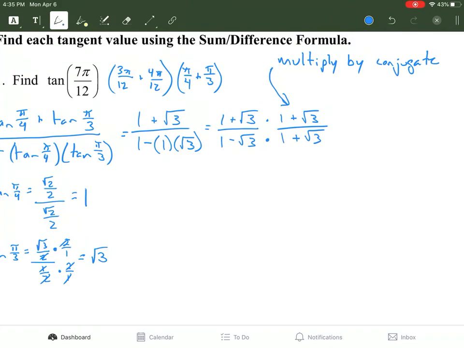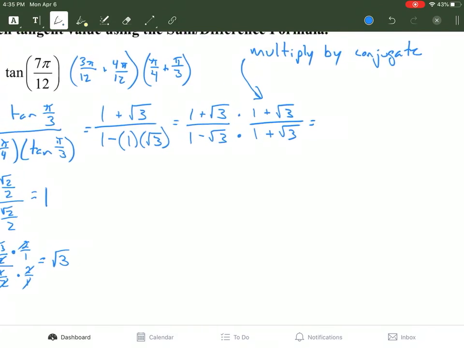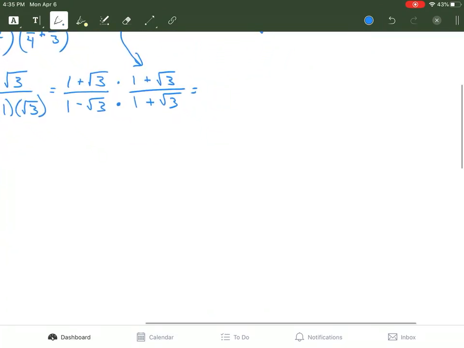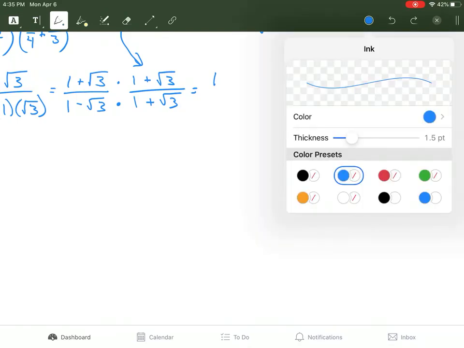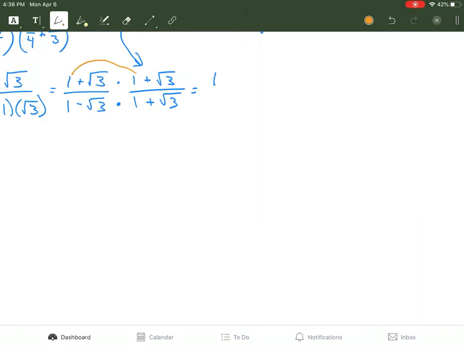Okay, so now we're going to multiply it out using the distributive property. So we have 1 times 1 is 1. 1 times root 3 is positive root 3.